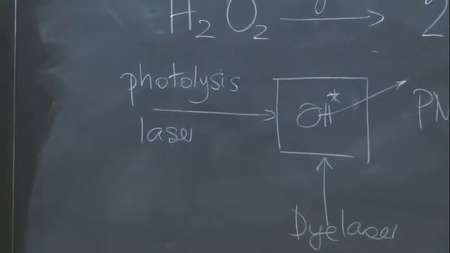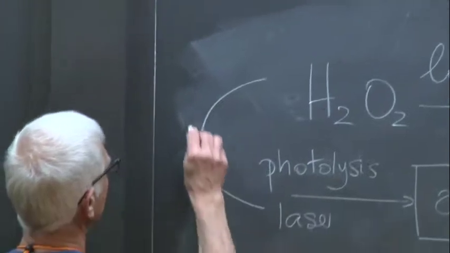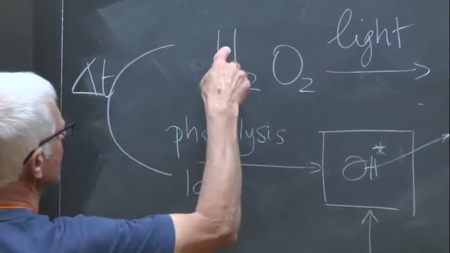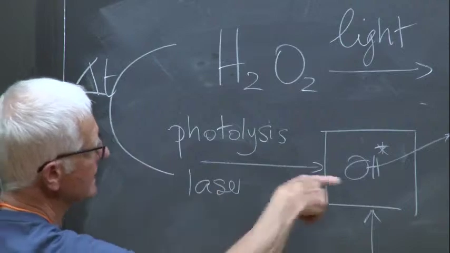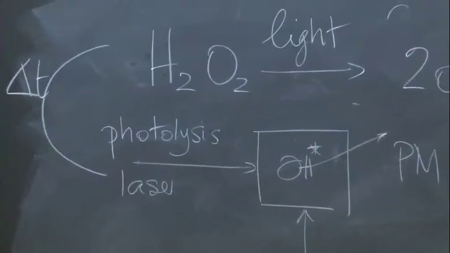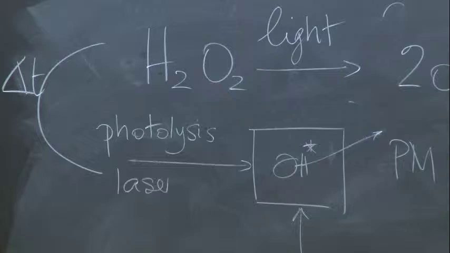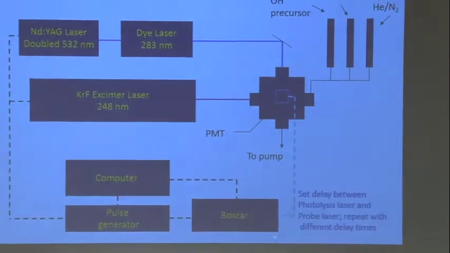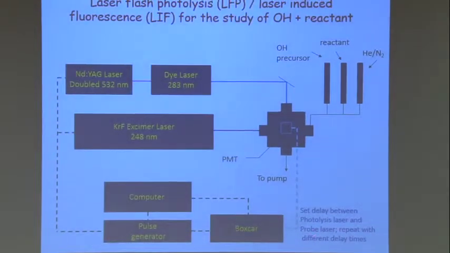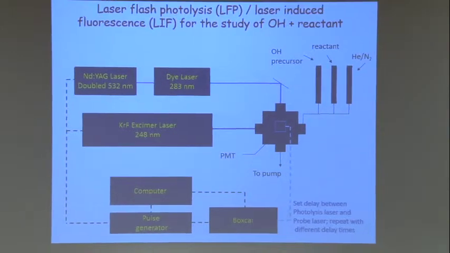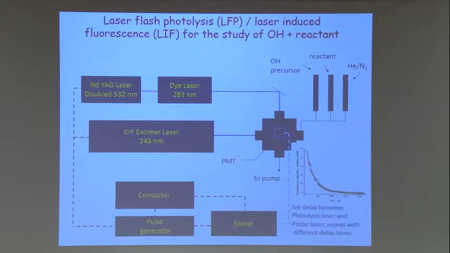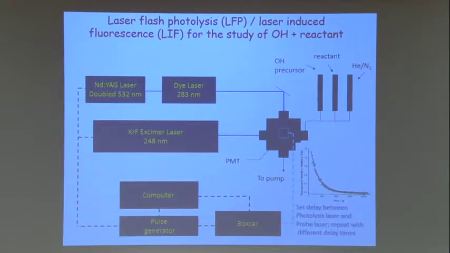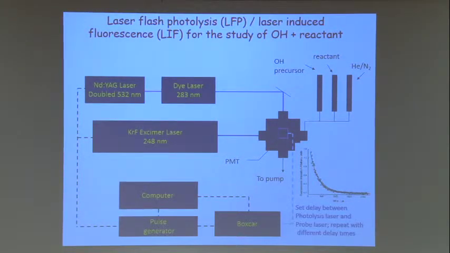We have a specific time delay, delta t, between this laser pulse producing the OH and this laser pulse monitoring the OH. Then we simply change that, we do the experiment again and change the delay time until we build up an overall picture. So we set the delay between the photolysis laser and the probe laser, and we repeat with many, many different delay times, and we generate a decay that looks something like this, and then we have to analyze that.